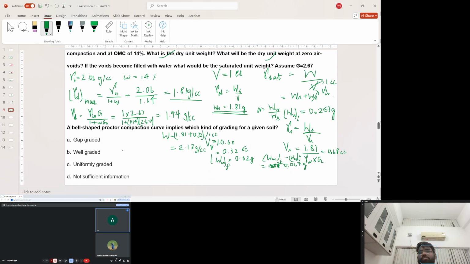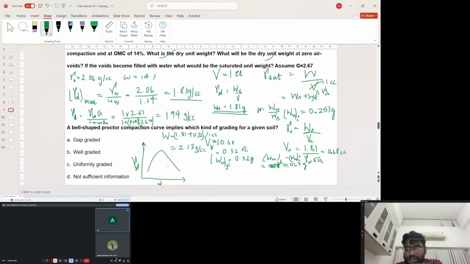So a bell-shaped Proctor compaction curve implies which kind of grading for a given soil. So this bell-shaped Proctor compaction is a qualitative depiction. So ideal compaction curve, gamma d and W, bell-shaped is something like this.